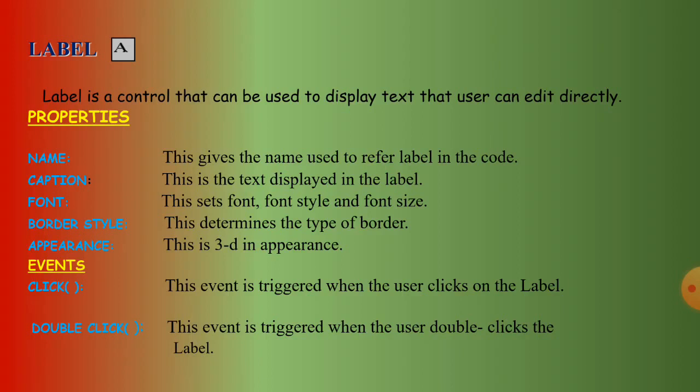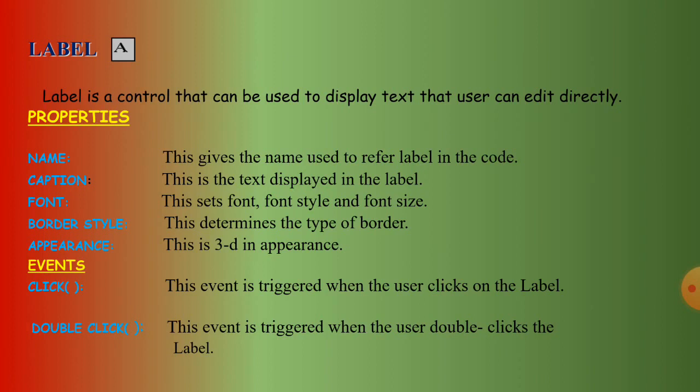If you want to display text on the form, we must place a label box on the form designer window. In this label box, the user can directly edit; editing means we can make changes, delete the text, or add text.